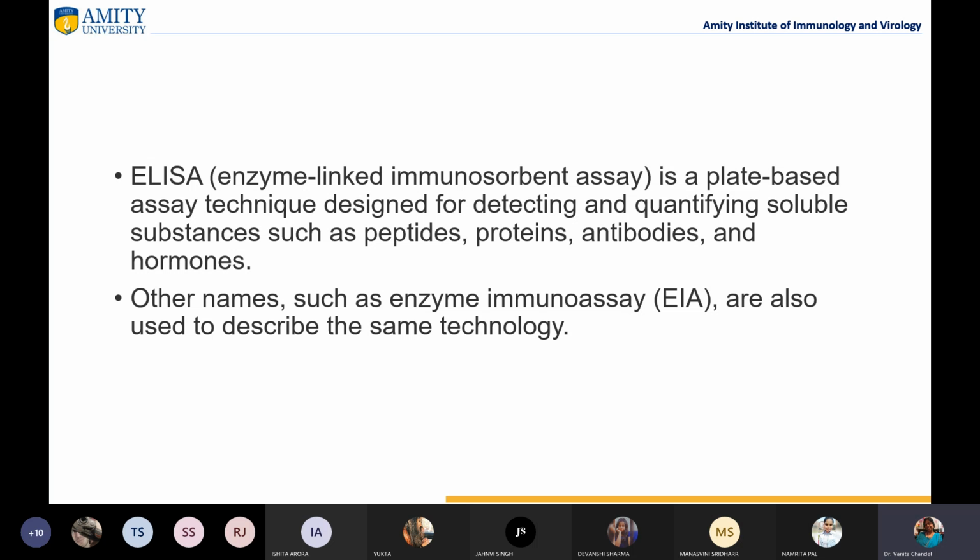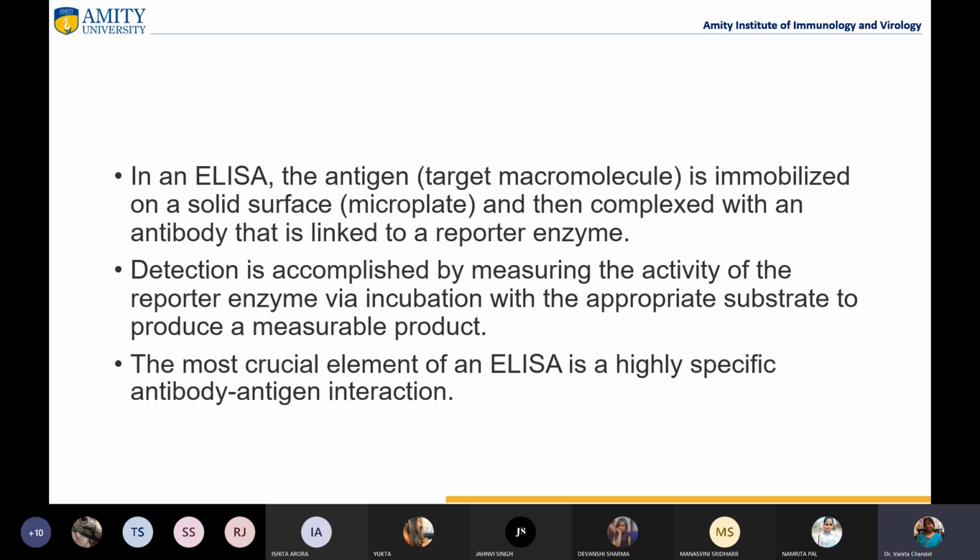Other names such as enzyme immunoassay are also used to describe similar technology. So in ELISA, the antigen, which is the target macromolecule, is immobilized on a solid surface. That solid surface is basically the ELISA plate, or microplate as we call it, right? It is made of polystyrene.